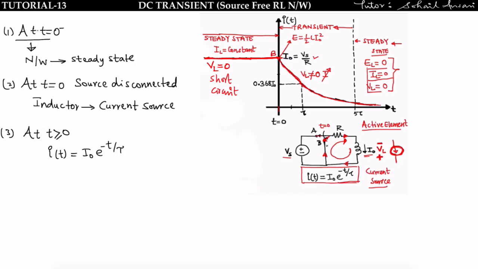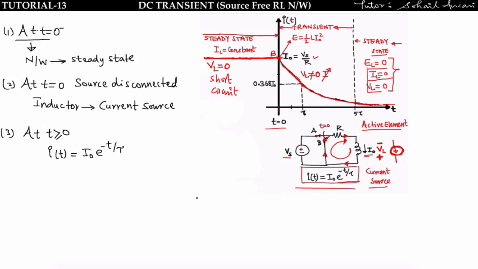Now the energy present in the inductor will be dissipated across the resistor and the current will decay exponentially, whose equation is given by i(t) = I0 e^(-t/tau). This is the transient state, and at steady state you will get zero current or zero energy in the network because the source has been removed at t equal to 0. Got it?